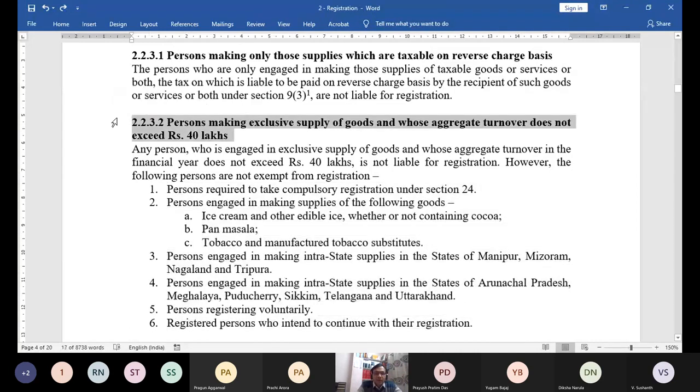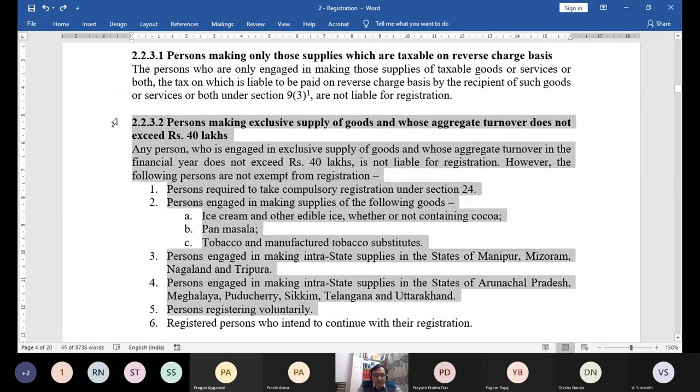I hope you are understanding my point. These people cannot take the plea of exemption from registration under this heading. But it does not mean that these are by default compulsorily liable. Whether these people are liable or not depends upon other sections.